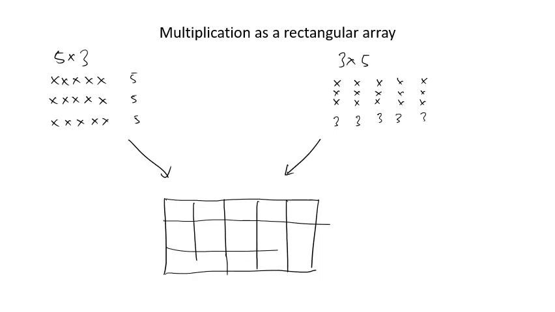One, two, three. And so from this, we can see here's my 3 groups of 5, and here's my 5 groups of 3.